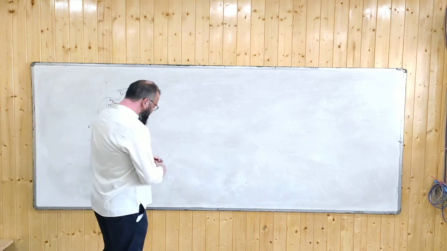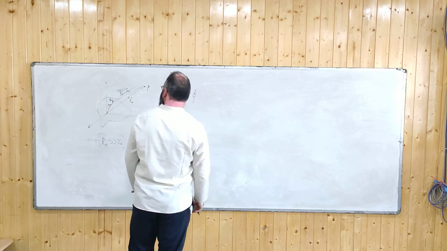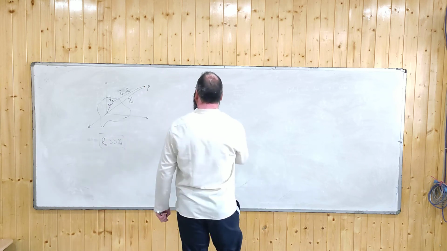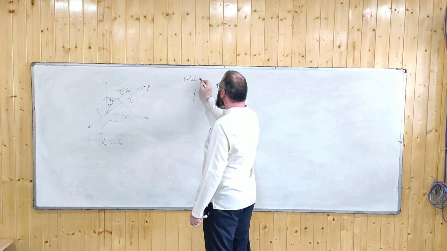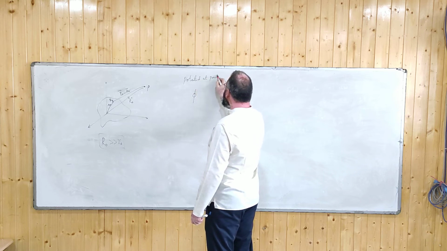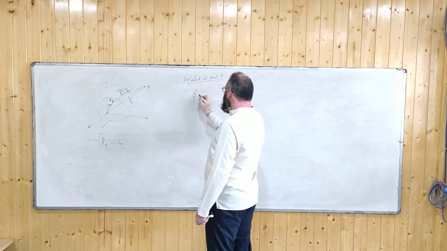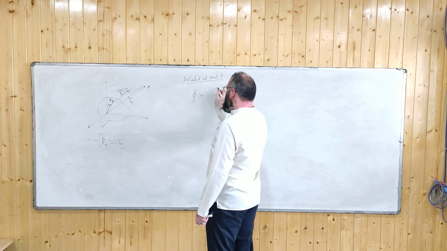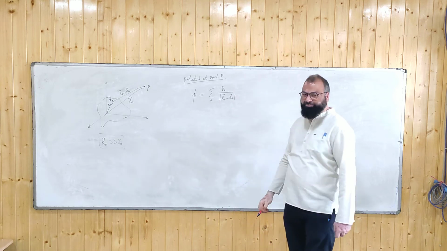Now let's start with the simple case, at the point P. What is the potential at point P? It is simply the sum over A of Q_A divided by the magnitude of R naught minus R. Clear?